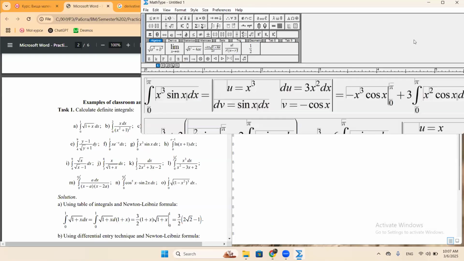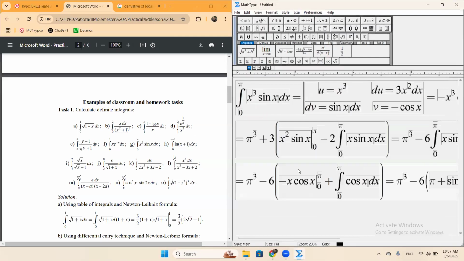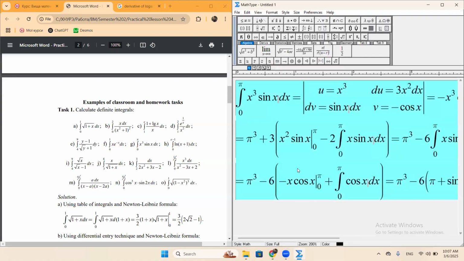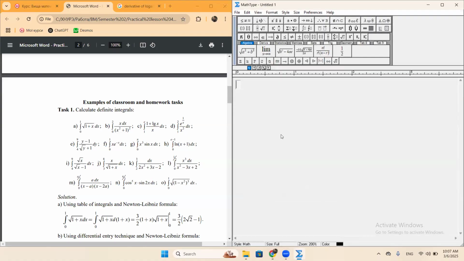Okay, if no questions, let's move next. Okay, so the next integral from 0 to e minus 1 of logarithm of x plus 1 dx.